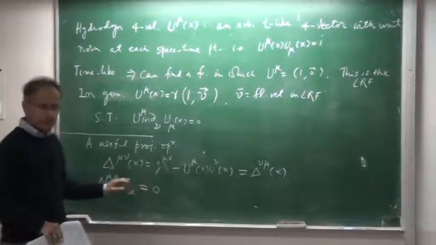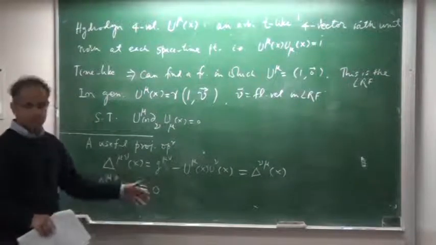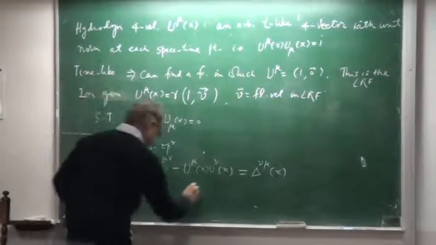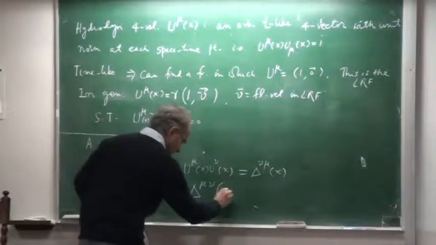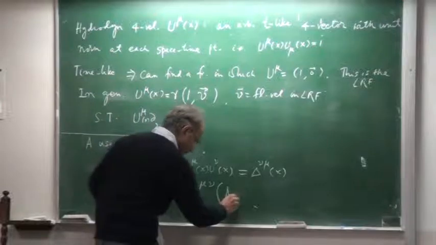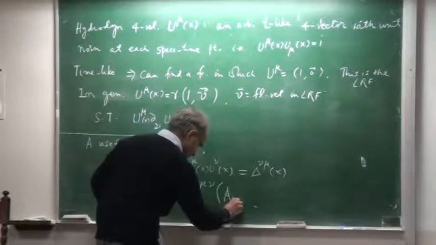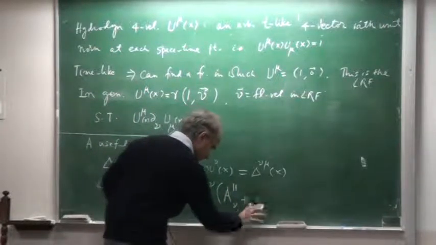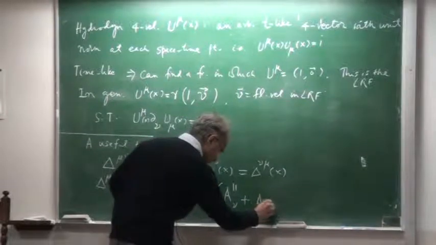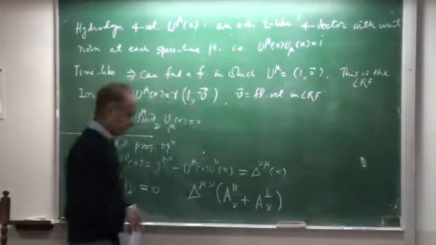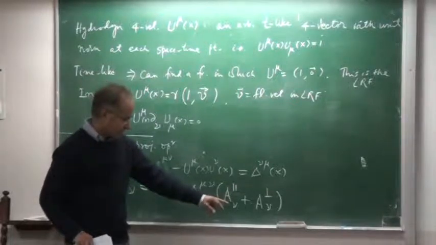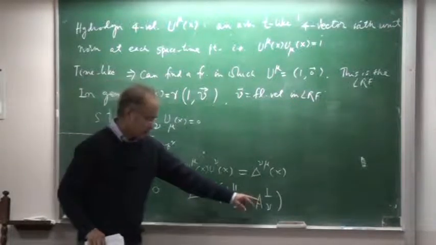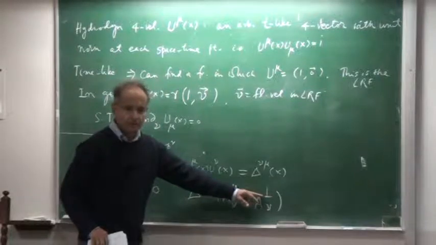Suppose it acts on an arbitrary 4 vector, let's say some vector A, which has two parts, one which is parallel to u mu. In any vector you can write like this. There's some part which is parallel to u mu and another part which is perpendicular to u mu.